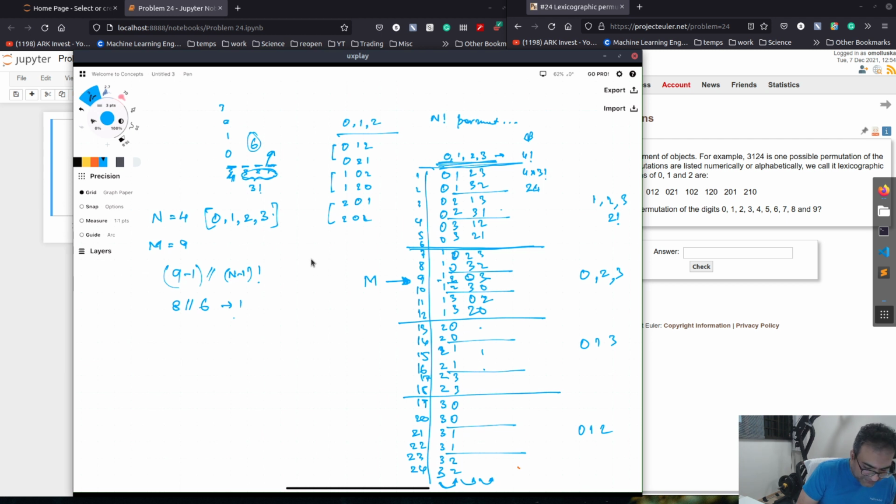Okay, then we come over here, and this is the third value, or in index terms it's the second value.